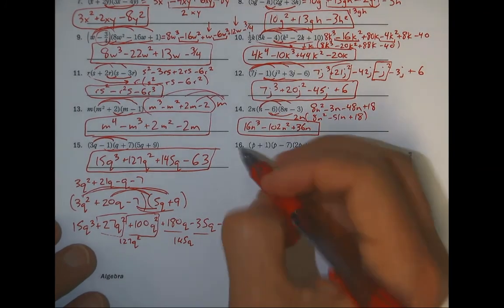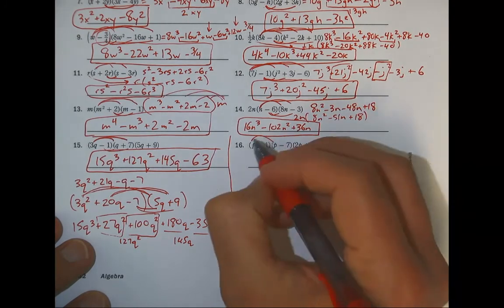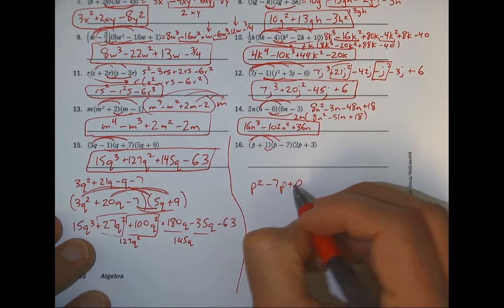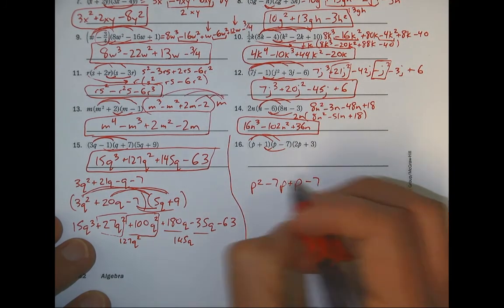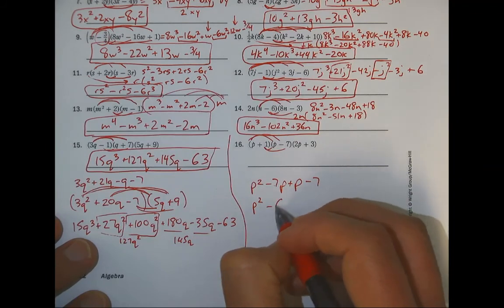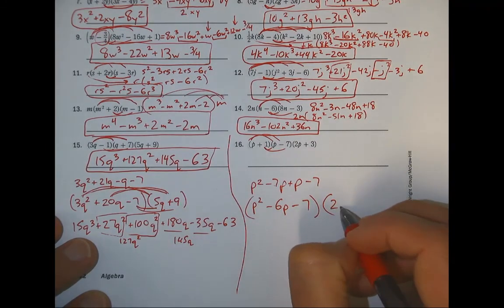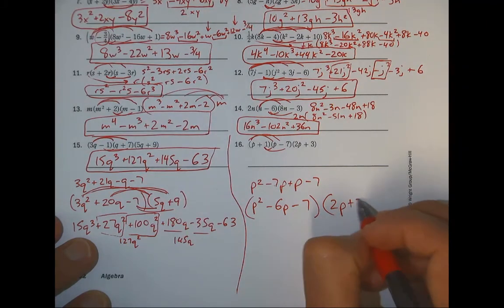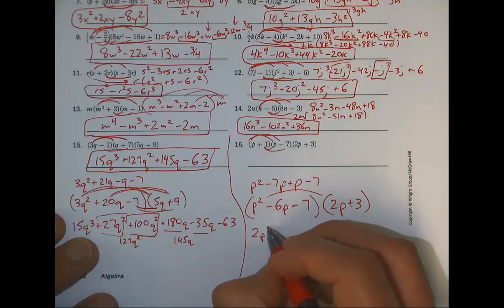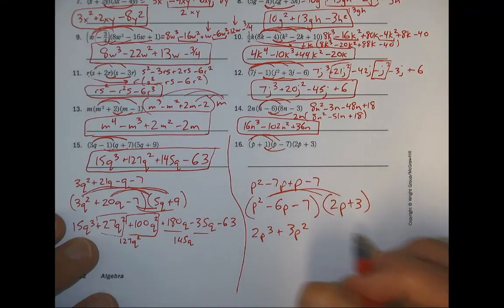All right, one more. Same idea. p squared, negative 7p, p, negative 7. Combine, it's negative 6p. Okay, now we're going to multiply times the other one, bring it down. 2p to the third. 3p squared.